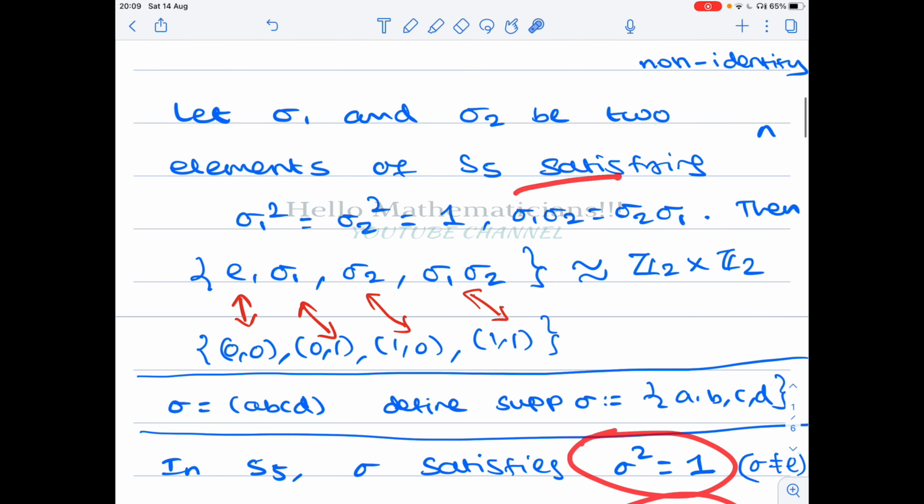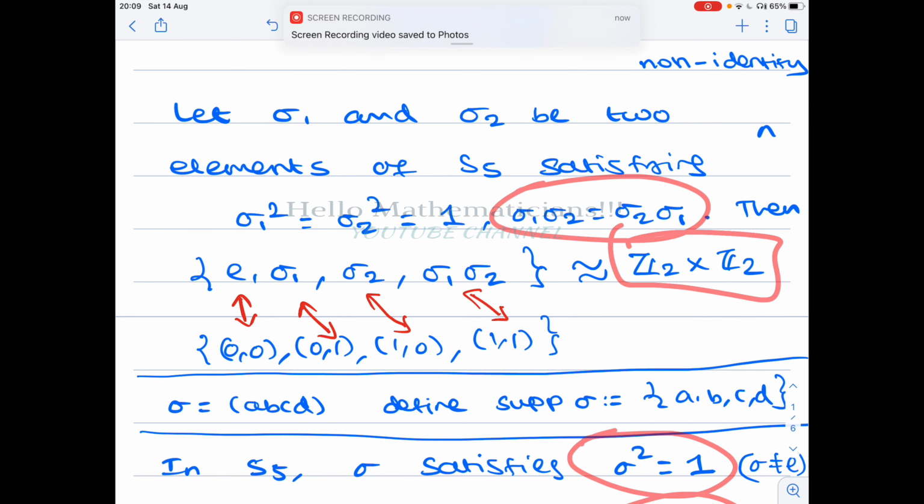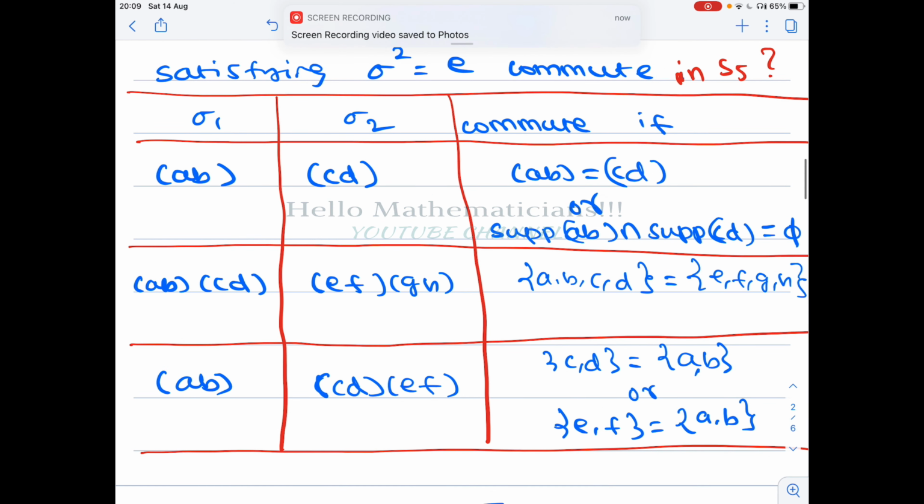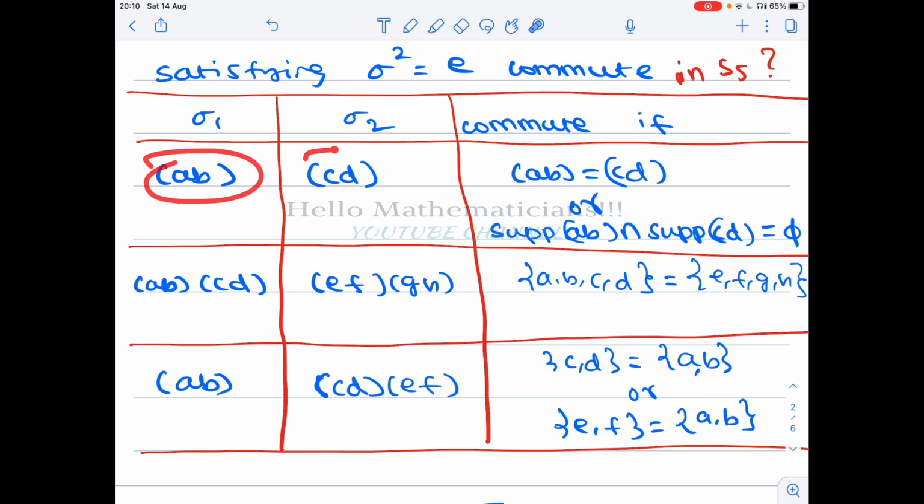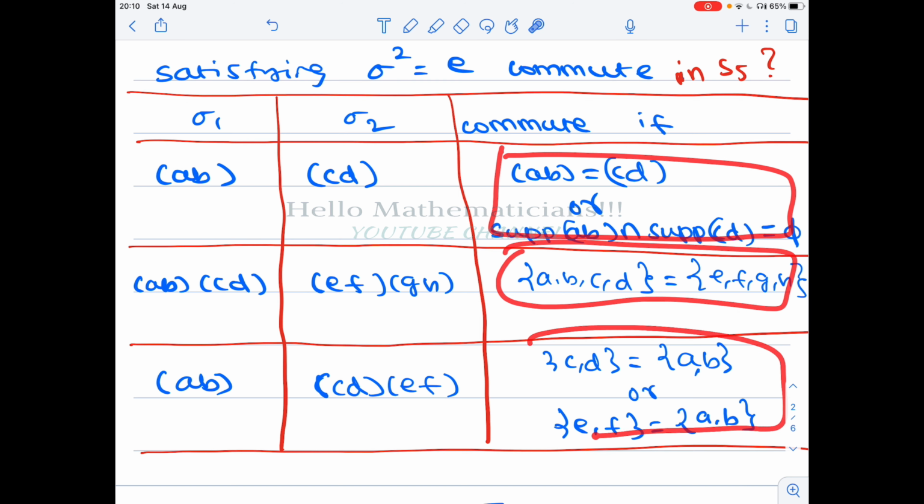But we want them to commute also, to form Z2 cross Z2. So here we are checking when a 2-cycle and a product of two 2-cycles, among all possible combinations, commute. Now we know when elements satisfying sigma square equal to E commute. If you choose the elements in such a way that this condition is satisfied, then they will commute.